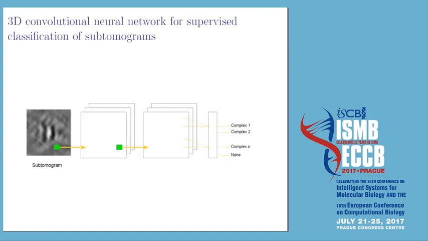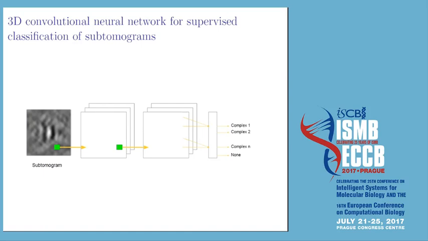So in this project, to complement existing approaches, we develop a 3D convolutional neural network approach for supervised classification. Given an input subtomogram, we use a convolutional neural network to apply stacked convolution operations to extract image features from this subtomogram, and use these image features to determine the structure class of this input subtomogram.